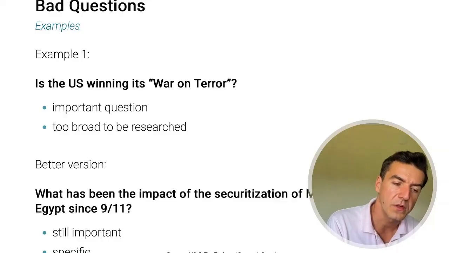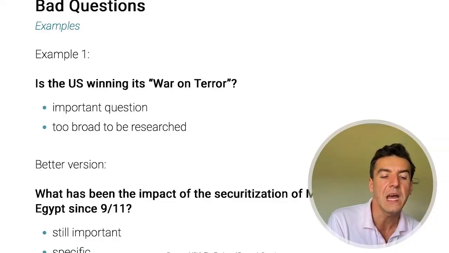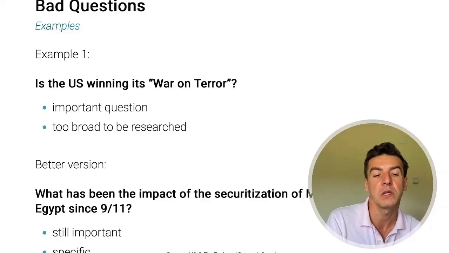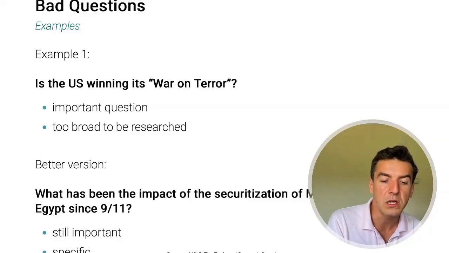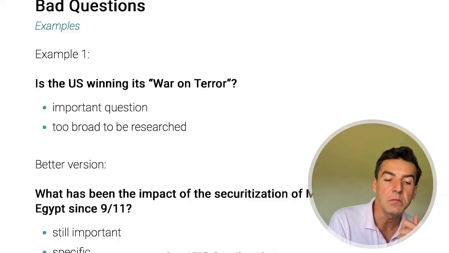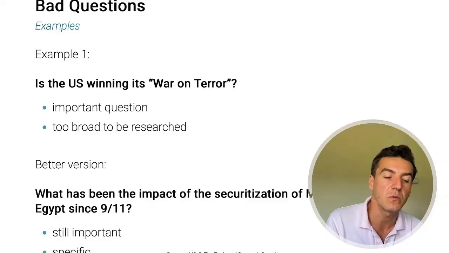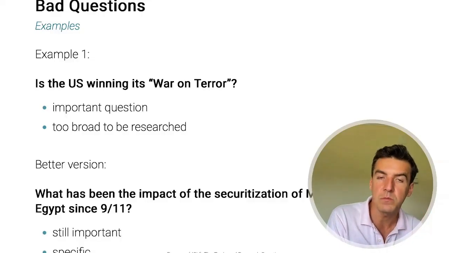A better version of this would be something like, what has been the impact of the securitization of Muslim charities in Egypt since 9/11? You clearly see the difference. You're much clearer about the outcome of interest. You're much clearer about what winning means. And on average, you're much clearer about what you're interested in researching. It still is important, but it's much more specific.